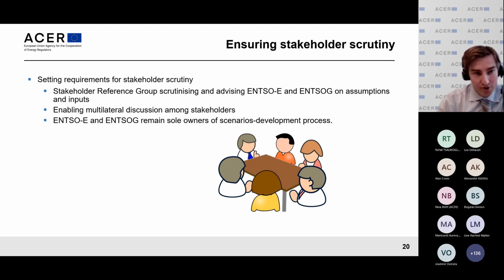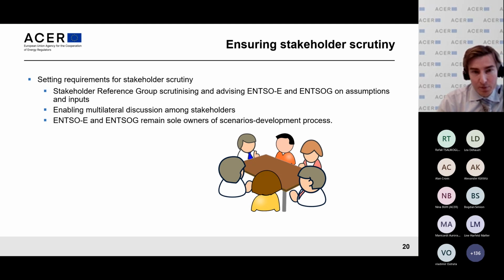So to have those contrasting views in one place, we believe that the stakeholder reference group could bring new ideas and could improve in the end the acceptance of the scenarios. At the same time, I should clearly point out that it's a non-binding advice and the NSOs will remain the sole owners of the scenarios development process.